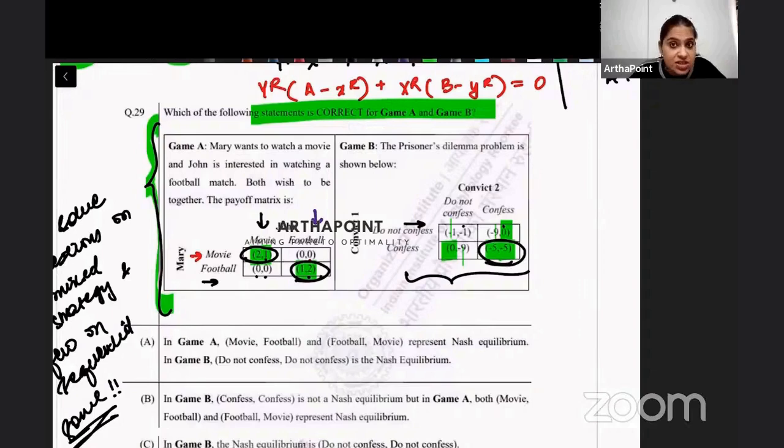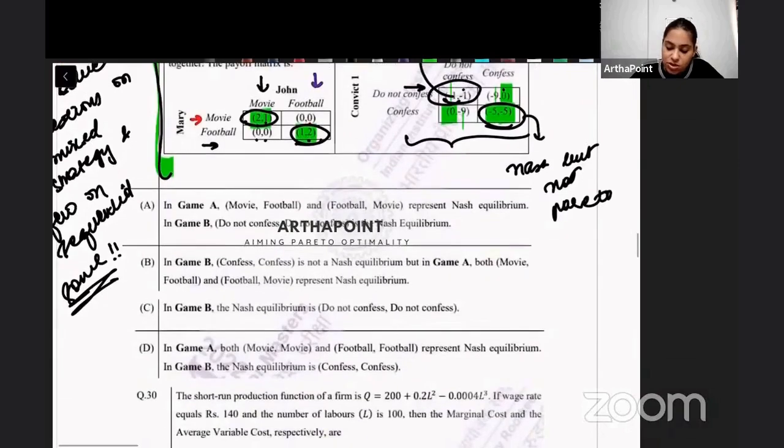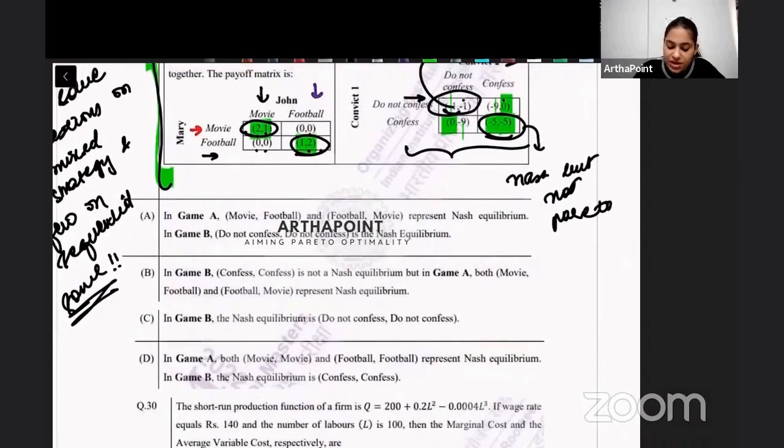We have discussed in class that this is Nash, but not Pareto. You should remember this. So the answer to this question is: in game A, both movie and football are equilibria, and in game B, confessing is the Nash equilibrium. So D is correct.